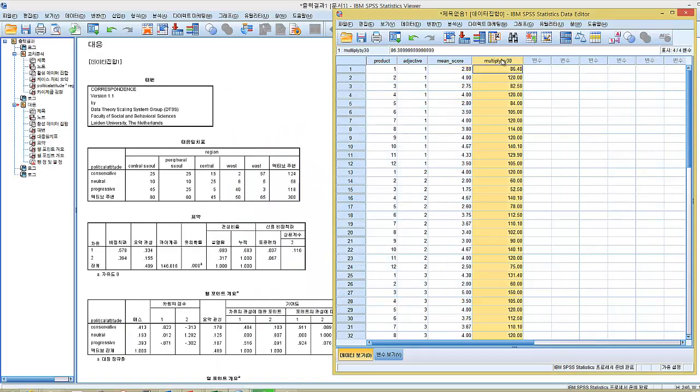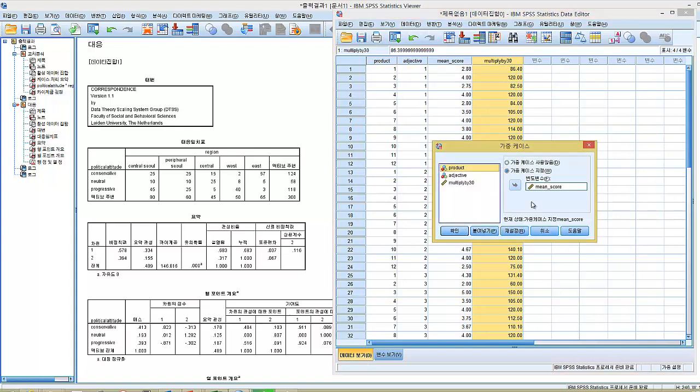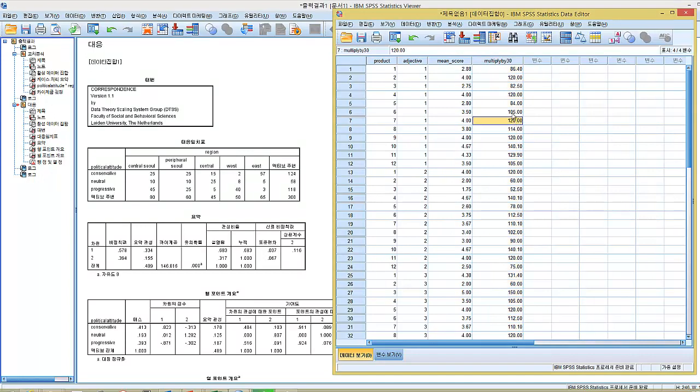So a new variable is created, and this will be assigned as the weight variable. Weight. Right. So using these two and then this, I'm going to perform the correspondence analysis.